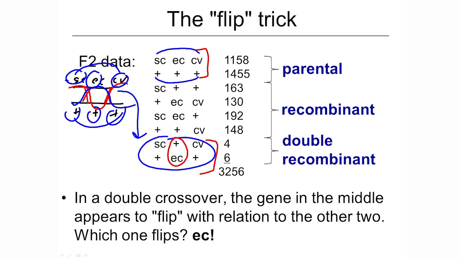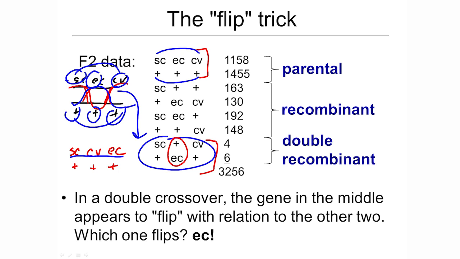Let me quickly show you if you draw it another way. I'm going to write the same exact data, just a different way. So I'll put SC, CV, EC, and plus, plus, plus. We know that's not correct, but let's say that's the way they wrote it, and they gave it to you that way. Well, you're going to say, let me ask myself something.